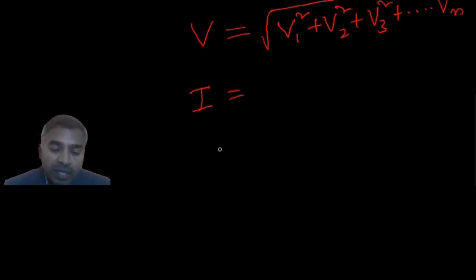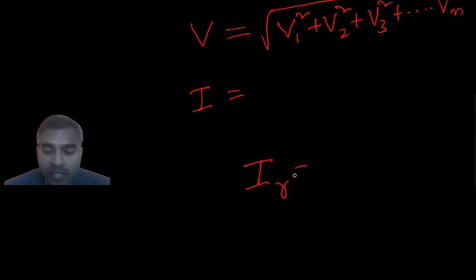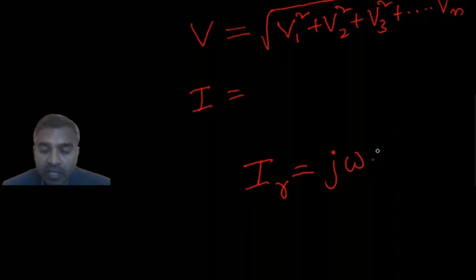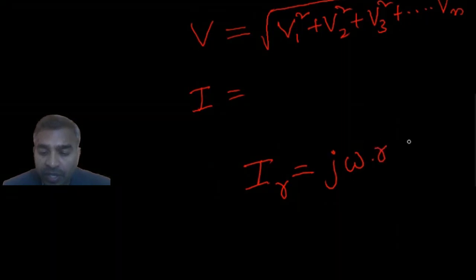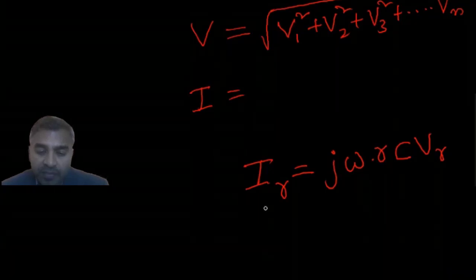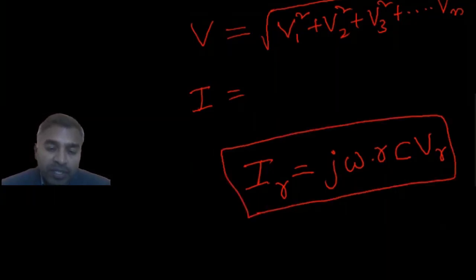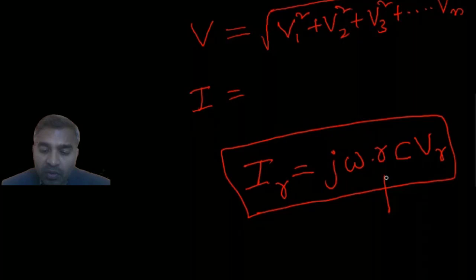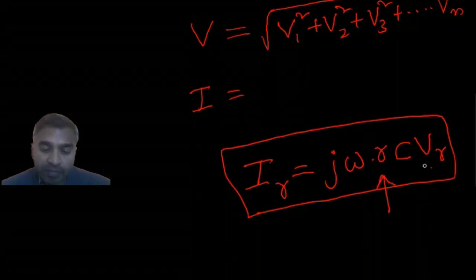Yes, since the rth harmonic current is simply j omega, where omega is the fundamental frequency, times r into C into Vr, because the frequency becomes r times. So if you measure the current, each voltage is multiplied by r times.